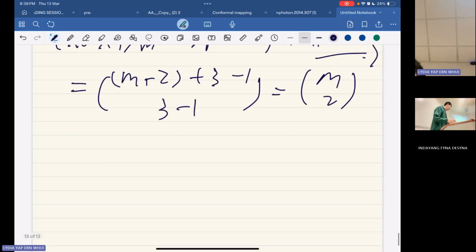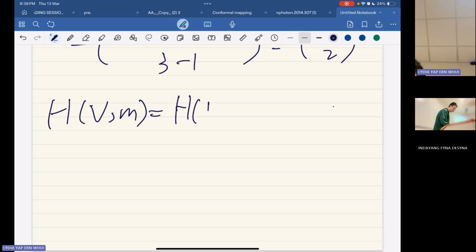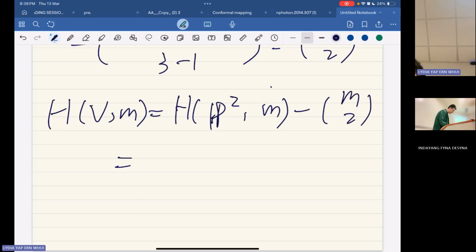If you don't know this, just talk to me after class. So the Hilbert polynomial here should be the Hilbert function of P2 at m, minus this m choose 2, right? And this is m plus 2 choose 2 minus m choose 2, right?